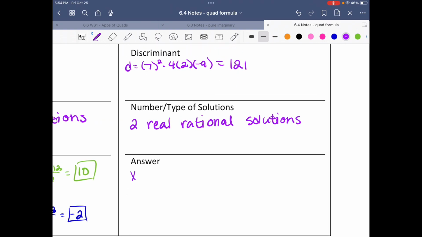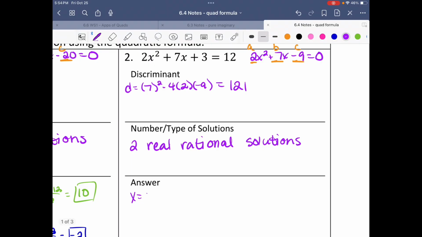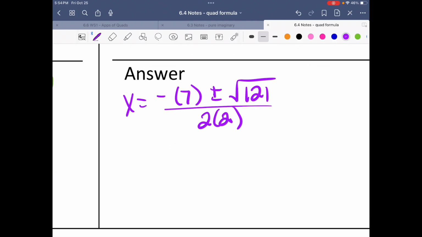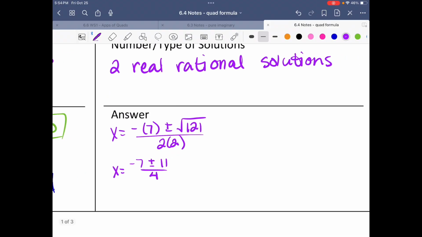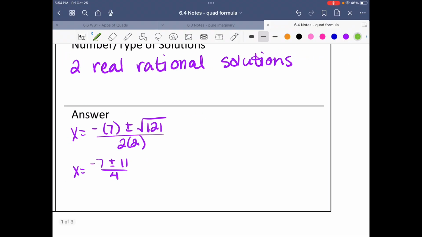Now I can go in and solve. X equals negative b plus or minus the square root of the discriminant over 2a. Two different solutions when you've got that rational.